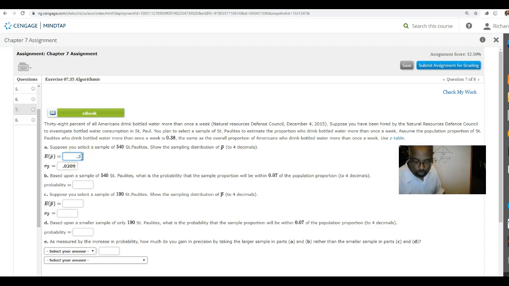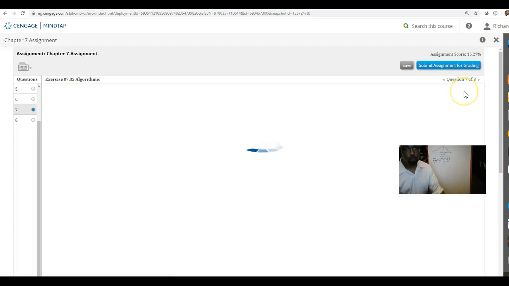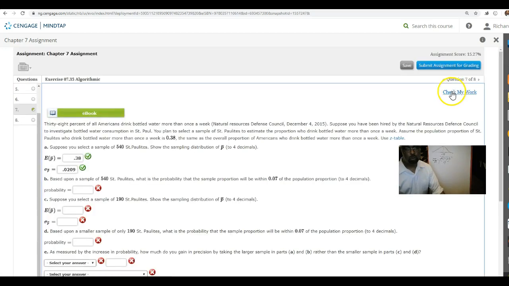And as we said, because they didn't give us information in order to calculate the expected value for the proportion, we'll use the population proportion that we were given of 0.38. So checking those answers, you can see that both of those are correct.